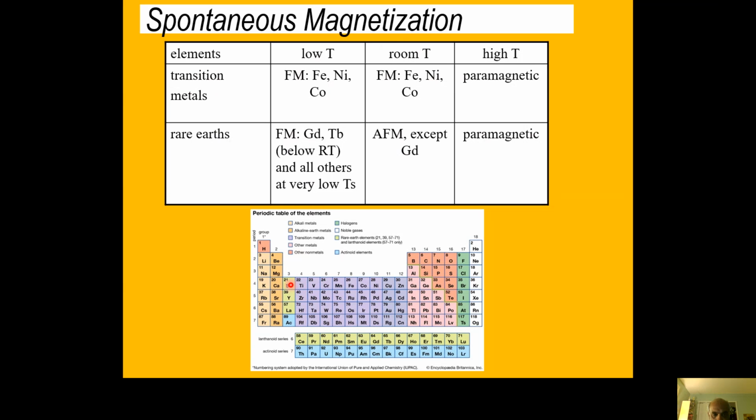Rare earths are the ones we show in this row here, like scandium, yttrium, lanthanum. Remember we studied erbium and praseodymium. They have all f electrons, right? So they are rare earths.